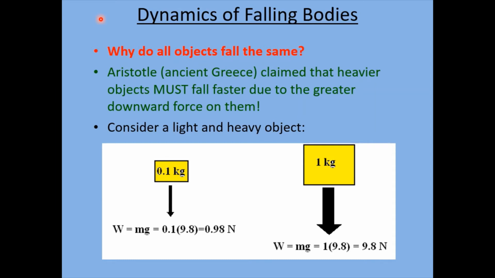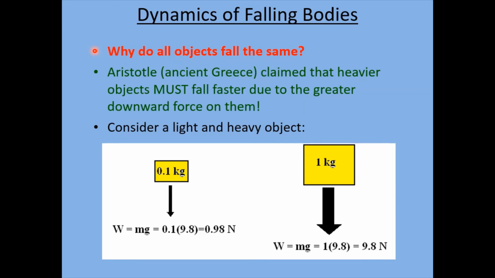But the question now is why? Before we just took it as a fact that could be demonstrated by experiment, but we want to learn a little bit more and see why this is true.